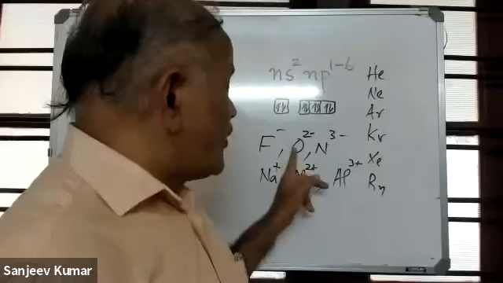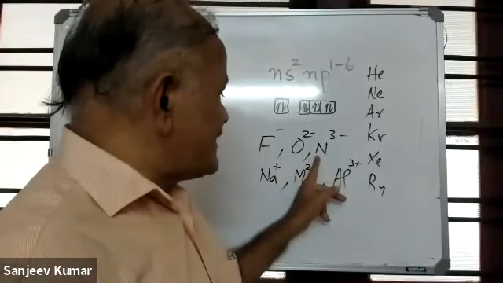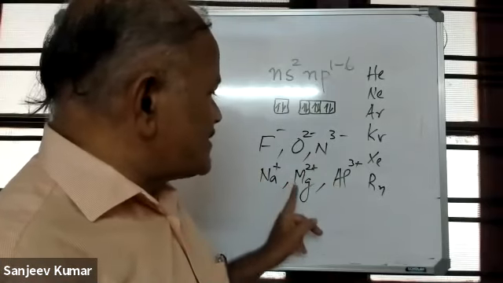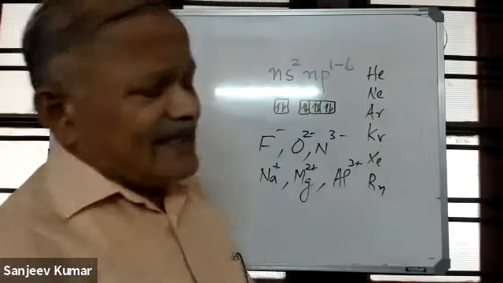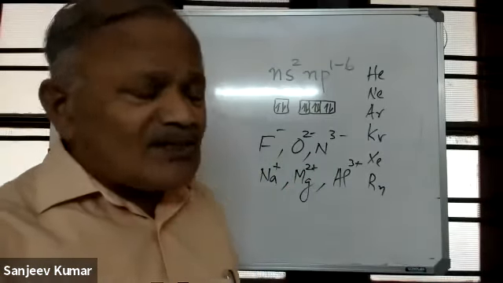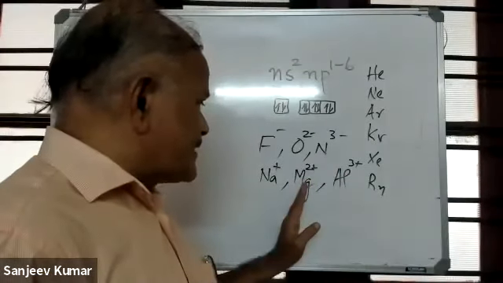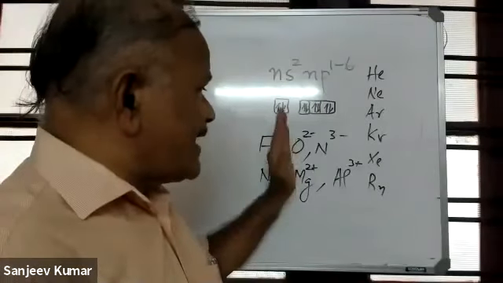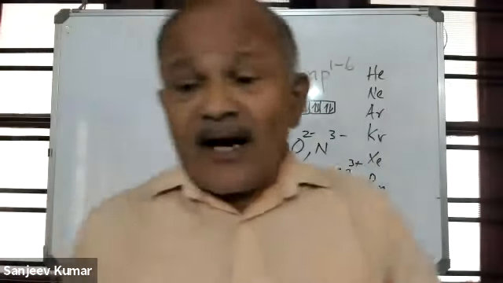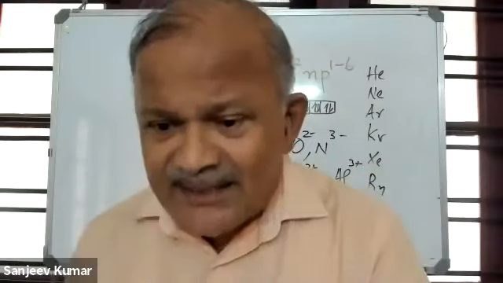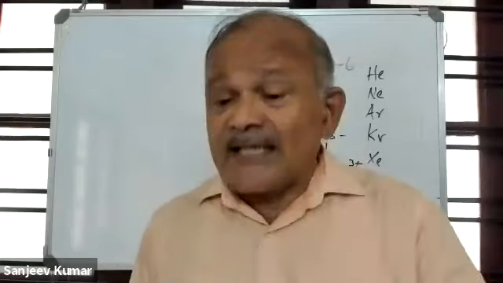Fluorine 9, oxygen 8, nitrogen 7, sodium 11, magnesium 12, and aluminum 13. Therefore, the size is Al3+ is smaller than Mg2+ is smaller than Na+ is smaller than F- is smaller than O2- is smaller than N3-. The largest is N3-, and the smallest is Al3+.